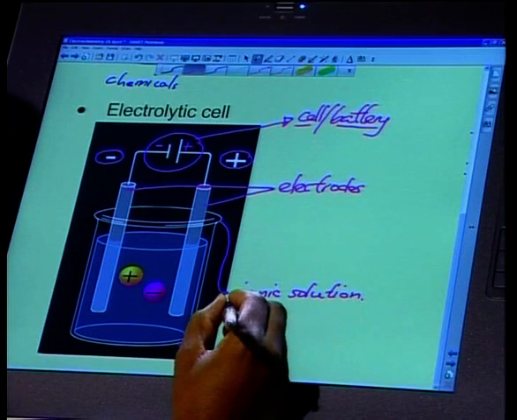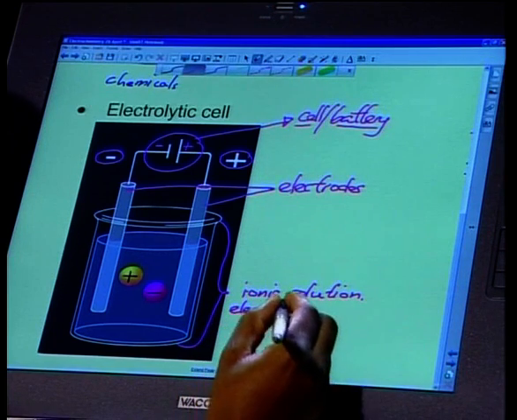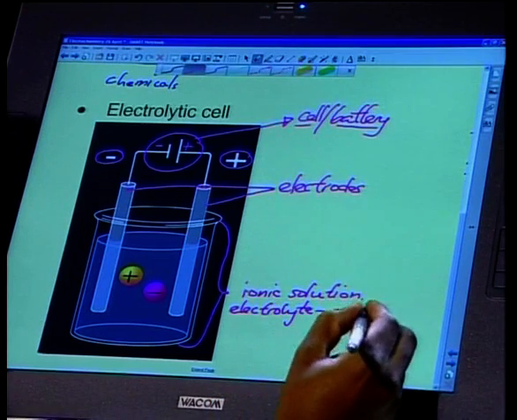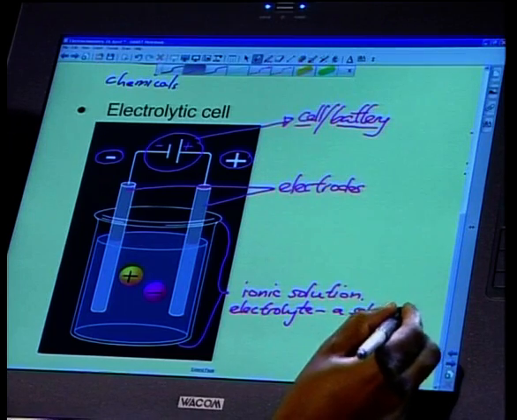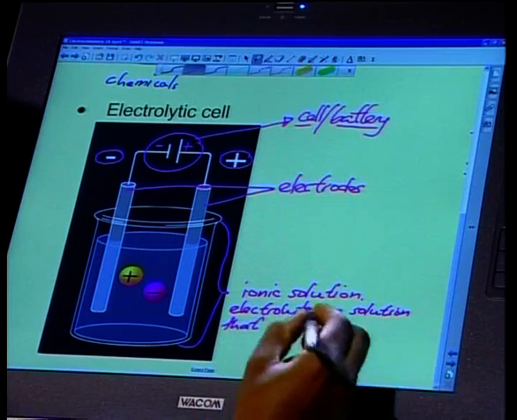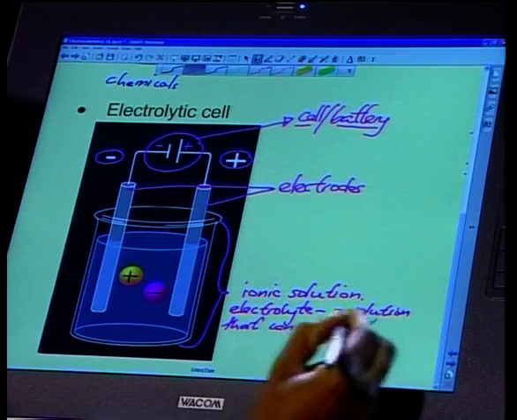We call it an electrolyte. Electrolyte. A solution that can conduct electricity.